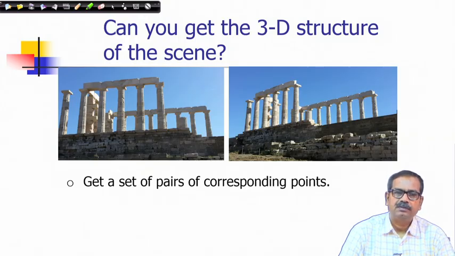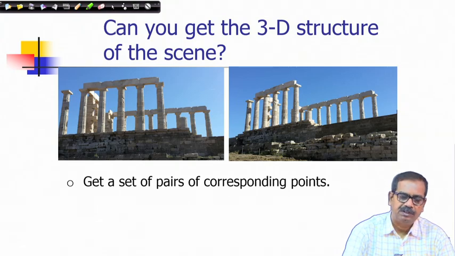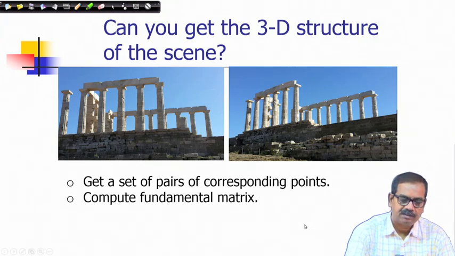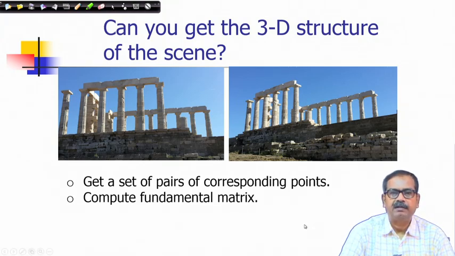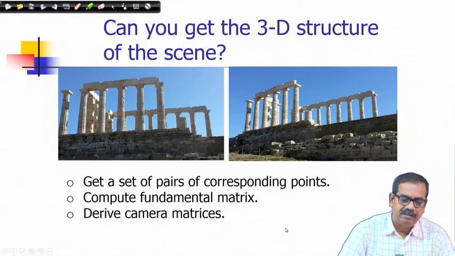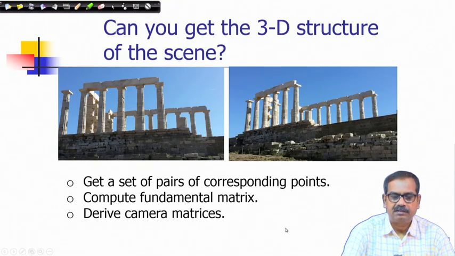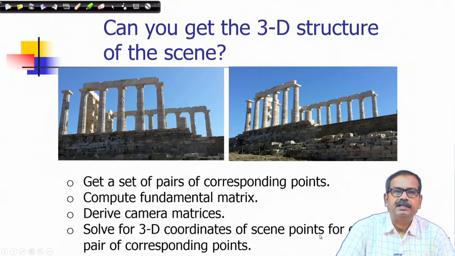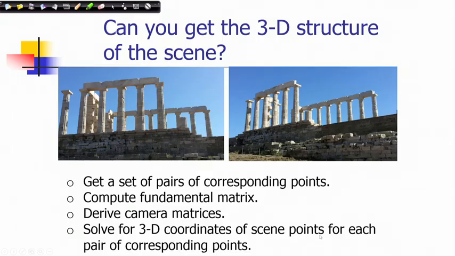But just to give a holistic view of the solution of this problem: you need a set of pairs of corresponding points, then you should compute the fundamental matrix, and then we should derive the camera matrices, and then we can solve for 3D coordinates of scene points for each pair of corresponding points.